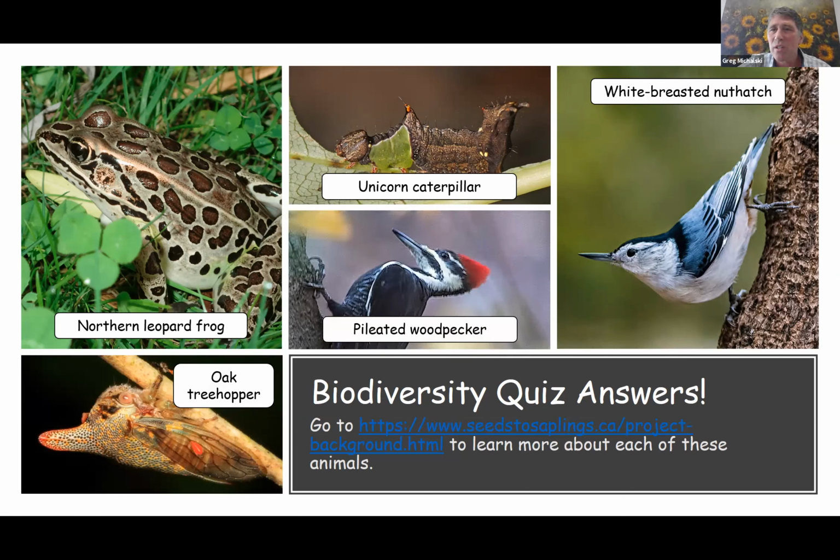So again, just a reminder that it's important to make sure we keep those other species around by growing healthy native trees. All right, and of course, the other big issue that we just hinted at, climate change and the climate crisis, climate emergency as it's called.